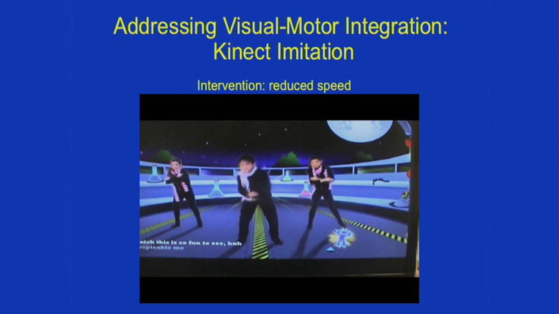So what if we really slow it down and see if we can get the children to start to imitate better? They'll like this because they're doing better and getting rewarded for their better performance. The main goal here is in part behavioral, getting them to imitate, but really what we're trying to do is prime this visual motor system.